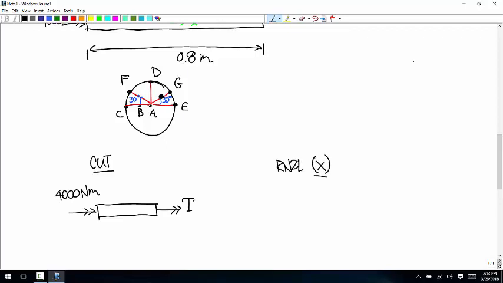Moment equation about the x-axis says 4,000 plus the torque is equal to 0. So that internal torque is negative 4,000.